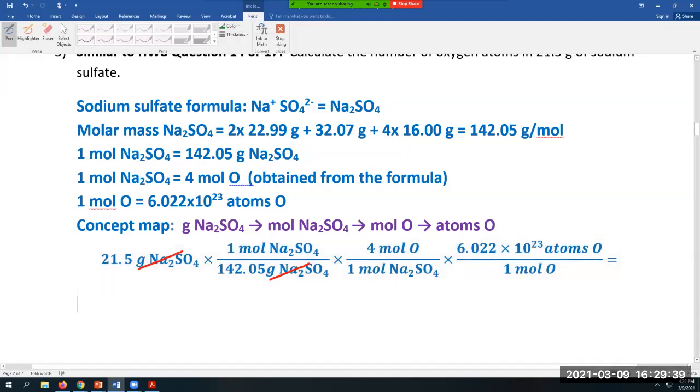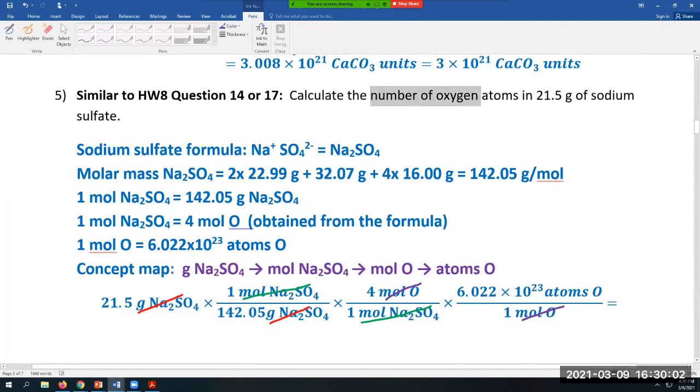Then we have moles of Na2SO4 cancels, one in the numerator, one in the denominator. And then the third one is moles of oxygen that will cancel. And we're left with atoms of oxygen, which is exactly what we want. The unit we want, right? The question was asking for number of atoms of oxygen.